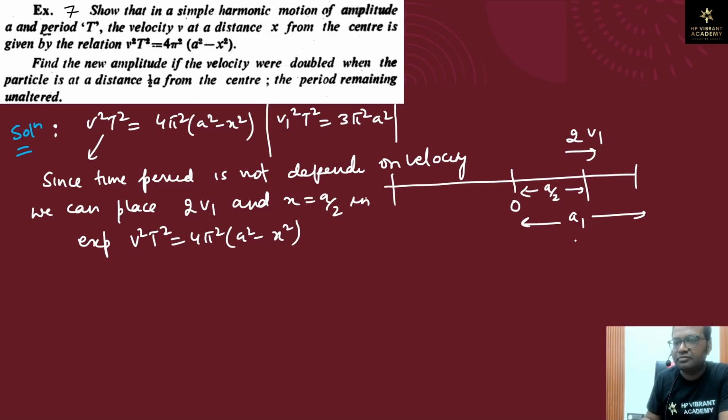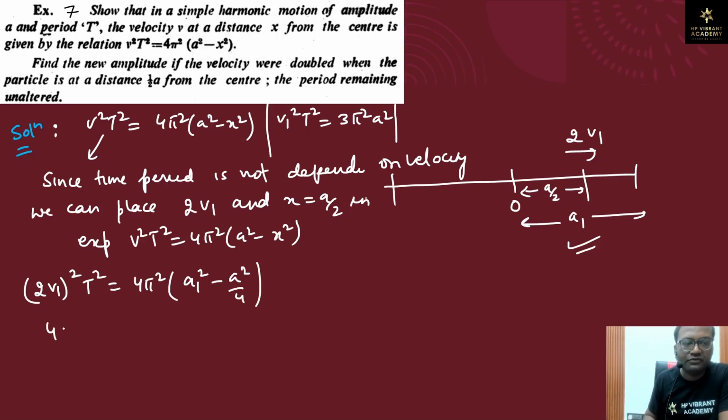And the new amplitude is a1. So we have (2v1) whole square T square is equal to 4 pi square, a new amplitude is a1, so this is a1 square minus, at the place of x we have a by 2, so this is a square upon 4.